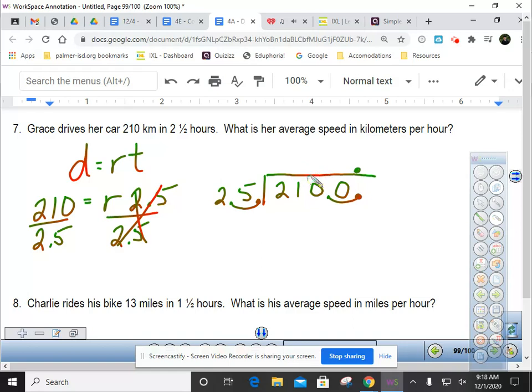What'd you get, Silas? Well, pretend it's quarters and dollars. So how many quarters are in $2? Yep, 8. That's 200, right? Write it down. The next part should be pretty simple.